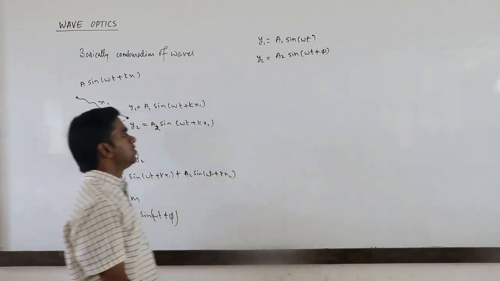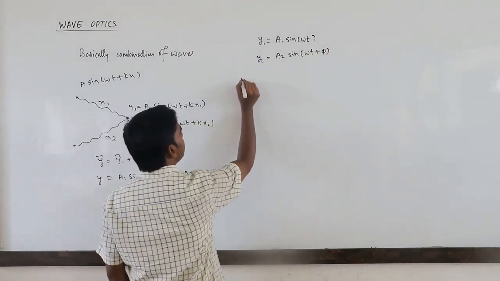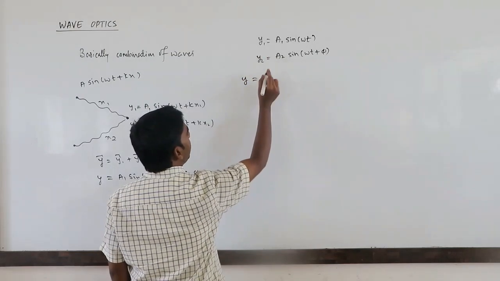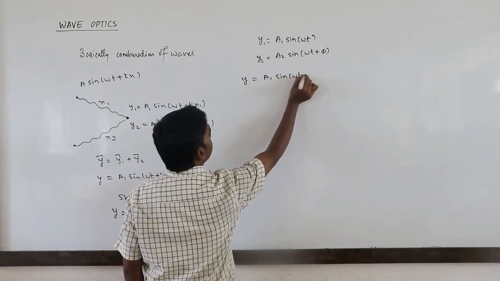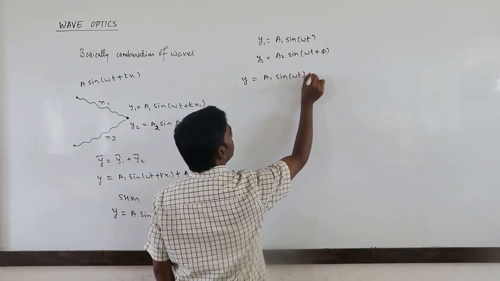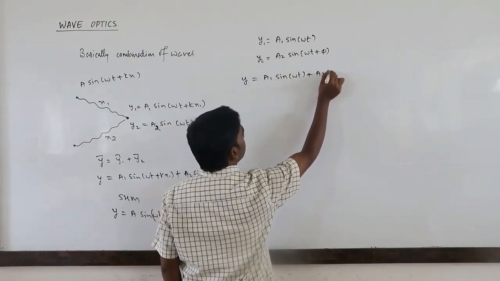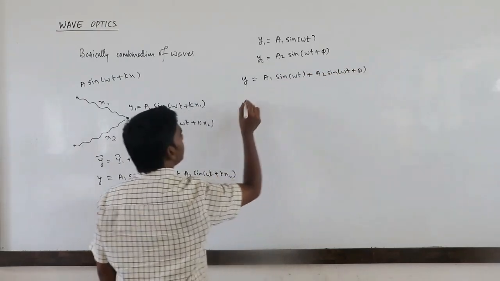So we have two equations. What is the resultant? I have to add these two, so y equals a1 sin omega t plus a2 sin(omega t plus pi).